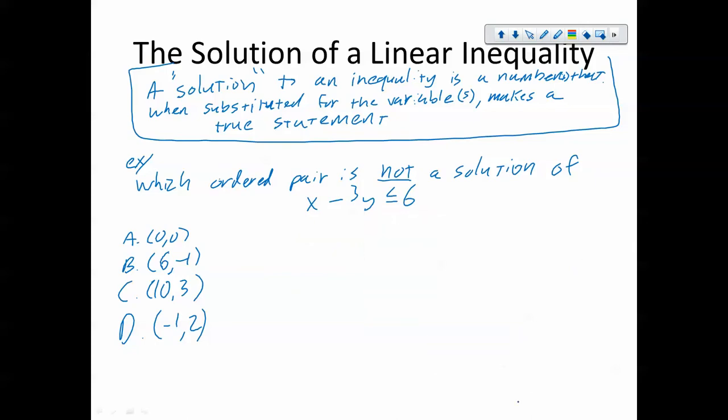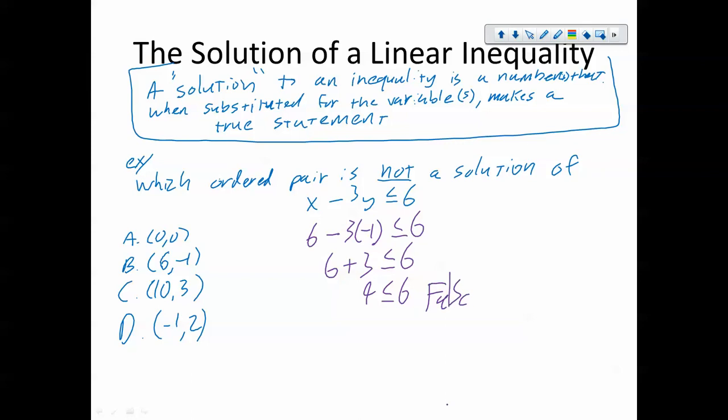Let's try B. 6 minus 3 times -1 is less than or equal to 6. 6 minus -3 is 6 plus 3. That's 9 is less than or equal to 6. Is this a true statement? No, it is not a true statement.